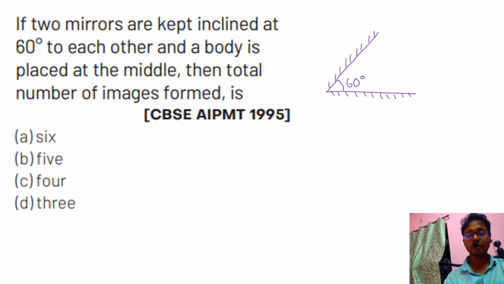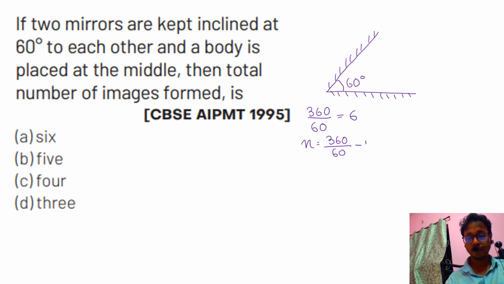What is the formula that we learned? Let's check if 360 divided by theta is even or not. 360 by theta is equal to 6, even. Then the total number of images is 360 divided by theta minus 1, which is 6 minus 1, which is equal to 5. Our option B is correct.